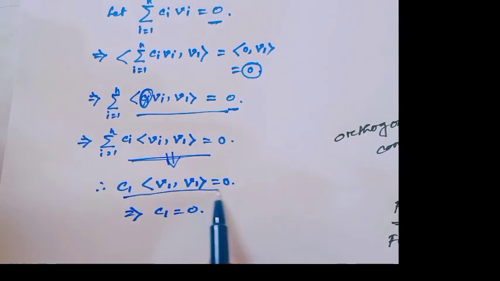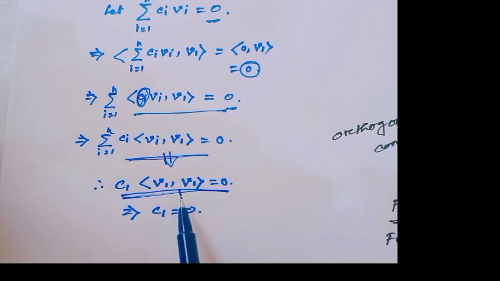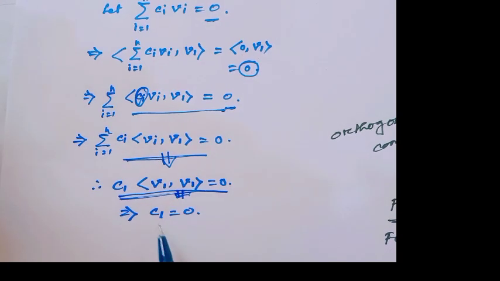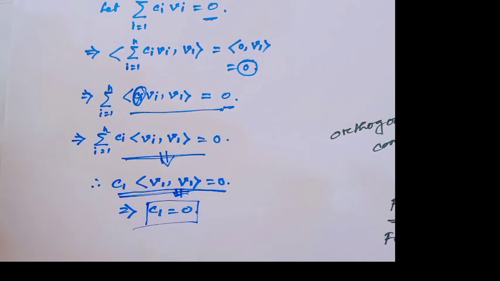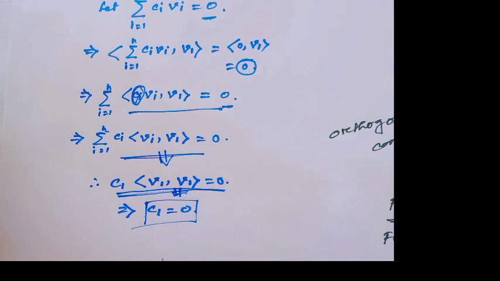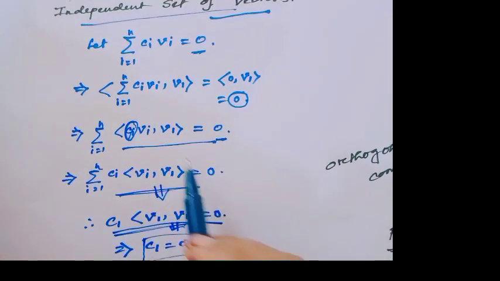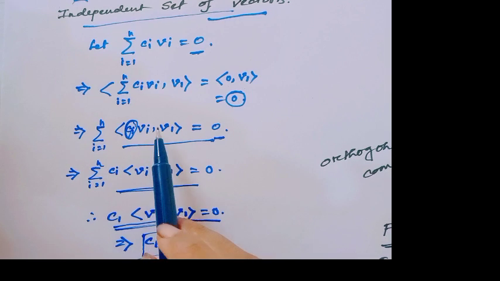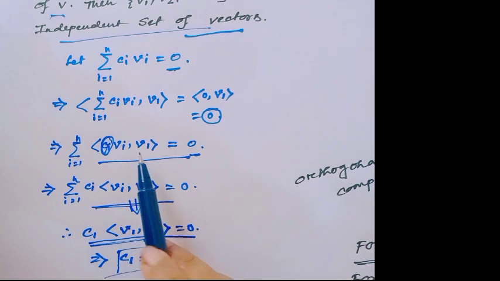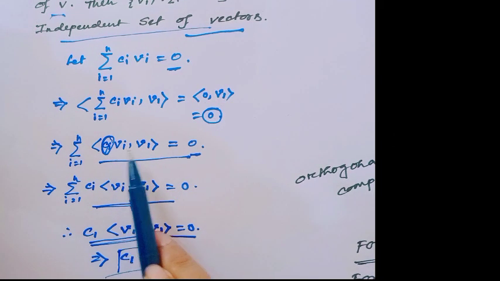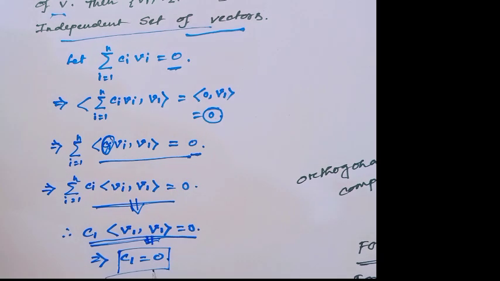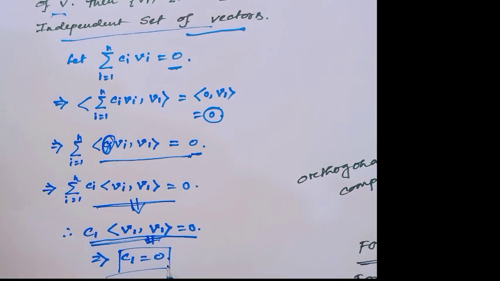And from this expression, since this is non-zero, obviously that implies C1 equals 0. Similarly, if we apply the inner product of the sum of Ci Vi with V2, then I will get C2 equal to 0.